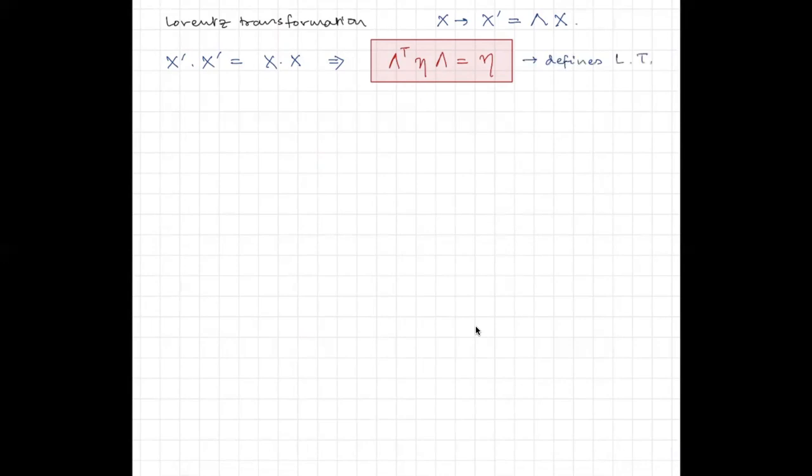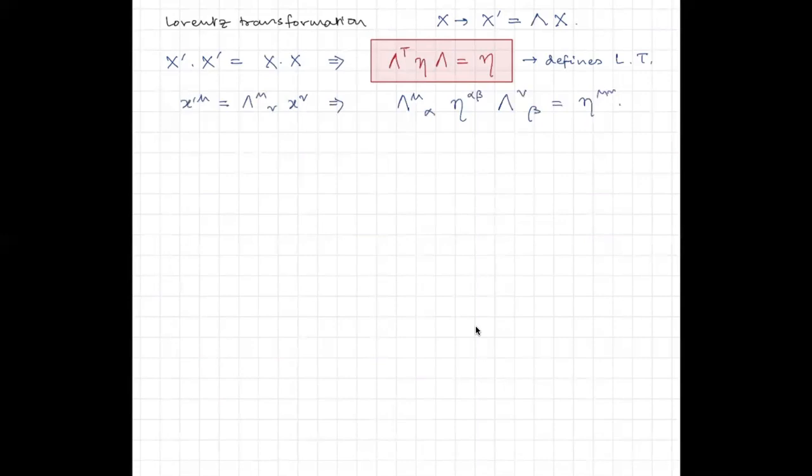In the notation that we were using previously, x prime mu is lambda mu nu x nu, which essentially amounts to saying that lambda mu alpha eta alpha beta lambda nu beta is eta.